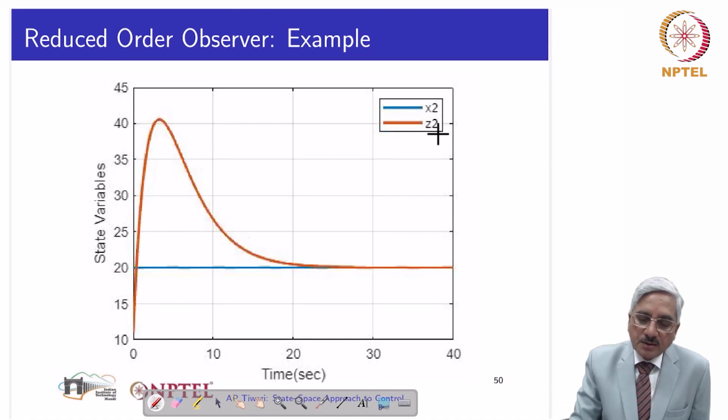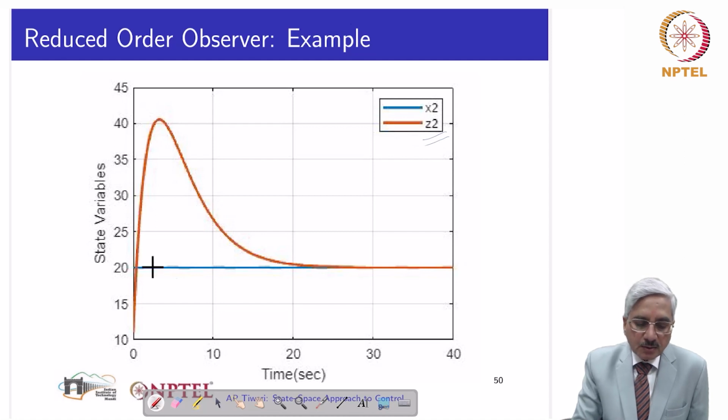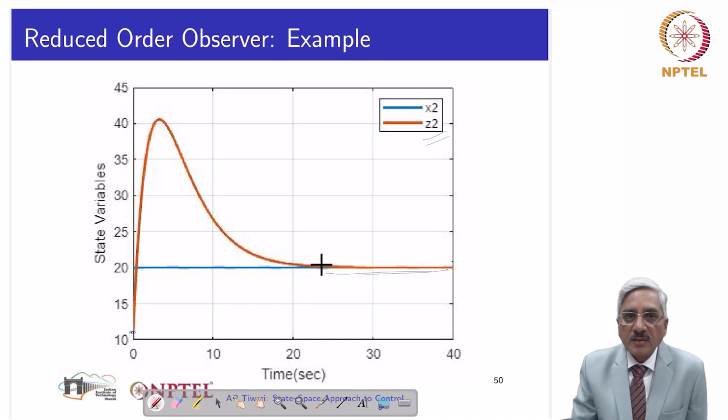However, z2 undergoes a transient because x2 is rock steady, but the z2 initial condition is different. It is 11, it should have been 20. So it achieves the value of 20 after some time. Asymptotically, it approaches the value of 20. We see from the simulations.